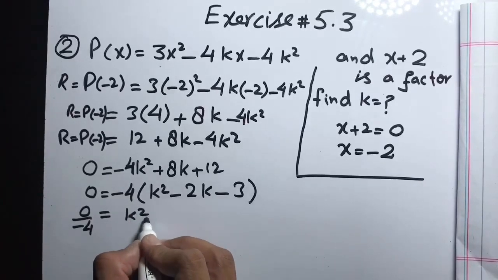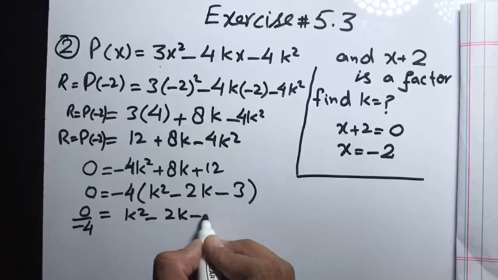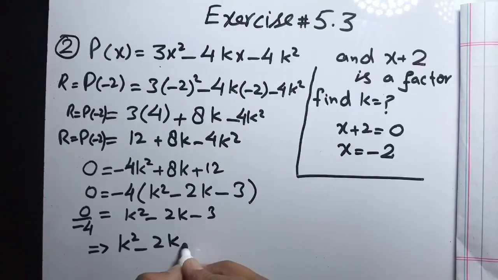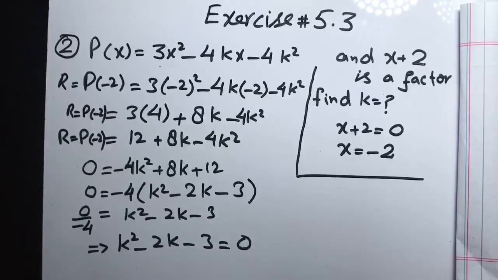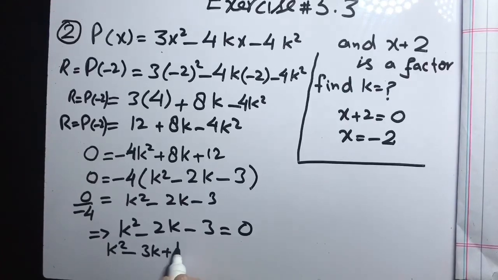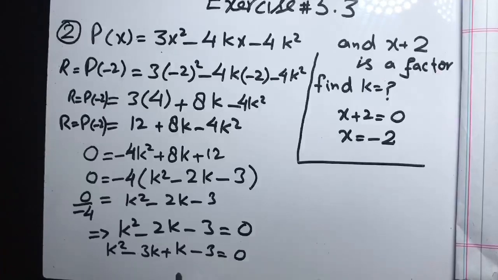Here we get k square minus 2k minus 3. So when we divide we get 0. I can write this as k square minus 2k minus 3 is equal to 0. Now we factorize this. We get k square minus 3k plus k minus 3, that is equal to 0.